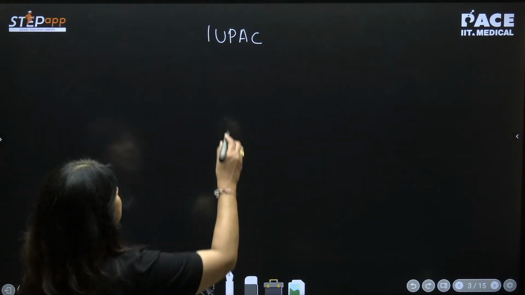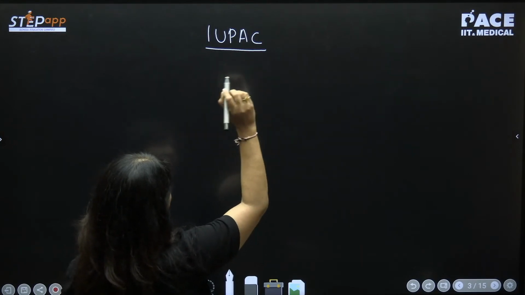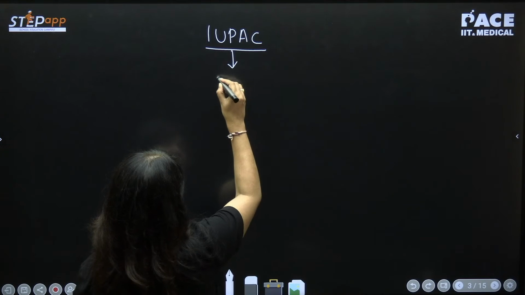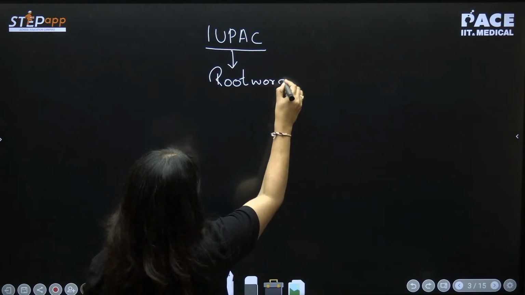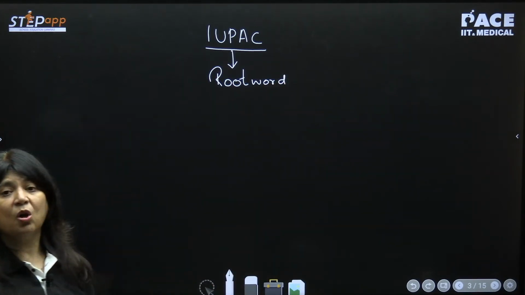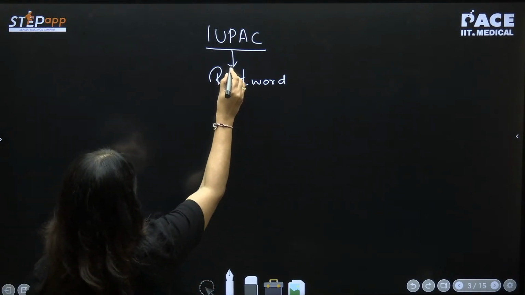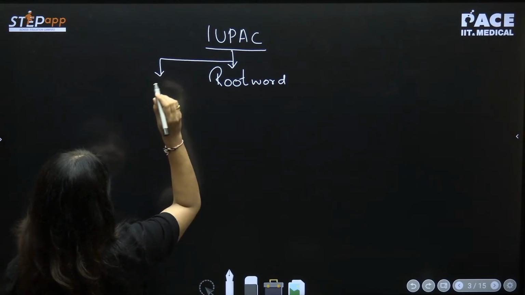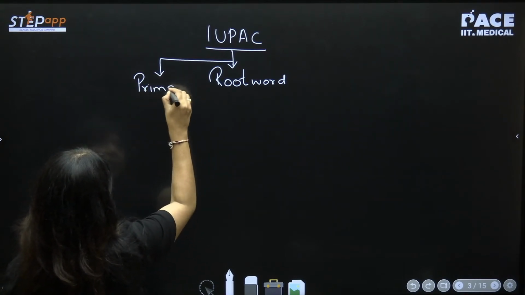Now the IUPAC system has divided the name of an organic compound into 5 different parts. The central part in the IUPAC system is called the root word. Before the root word, you can have a primary prefix.